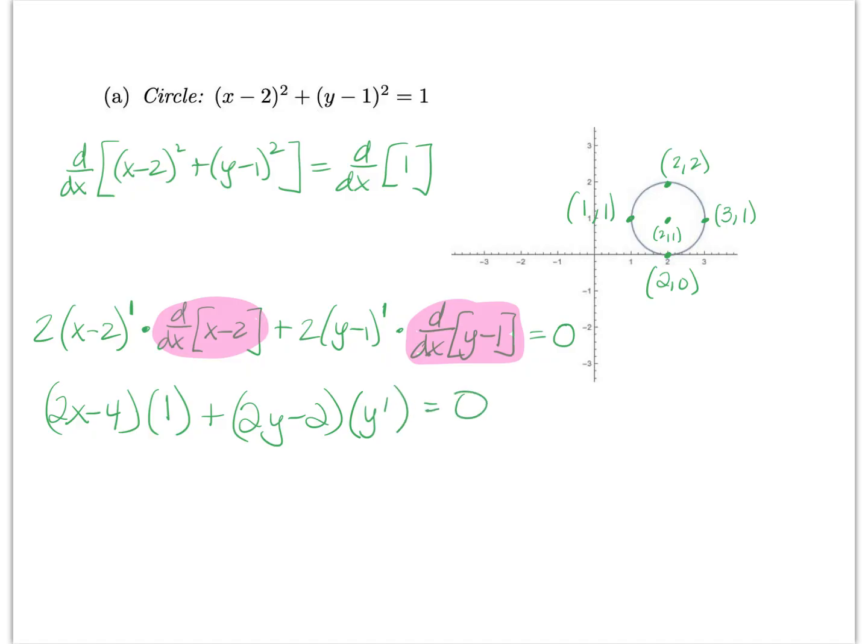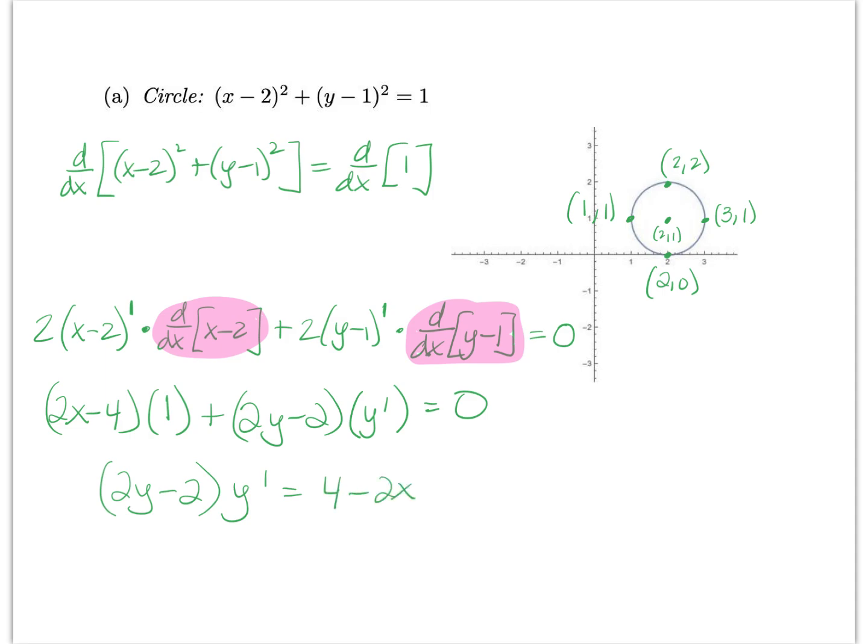Now I just have to solve this equation for y prime. So I just want to get y prime by itself. I am going to subtract 2x and add 4. So I have (2y − 2) times y prime equals 4 − 2x.